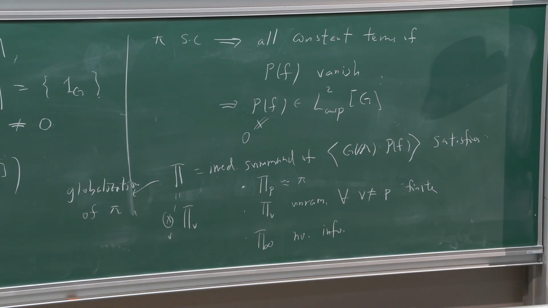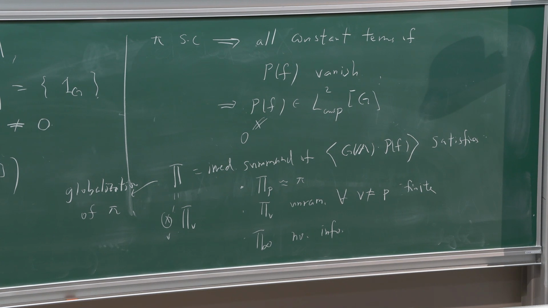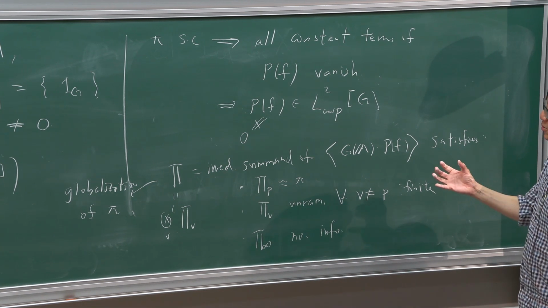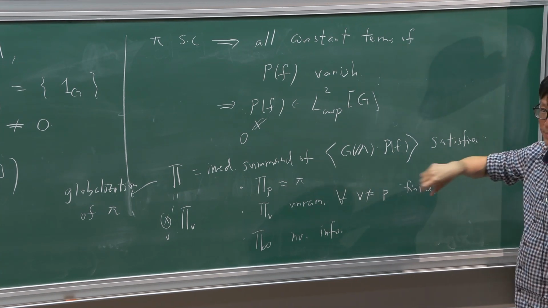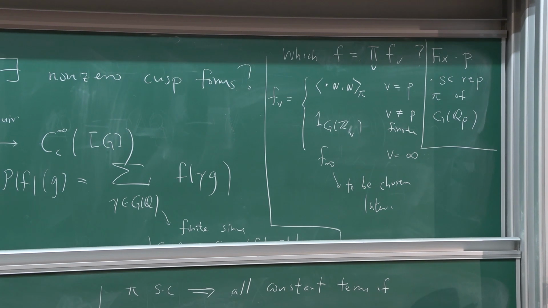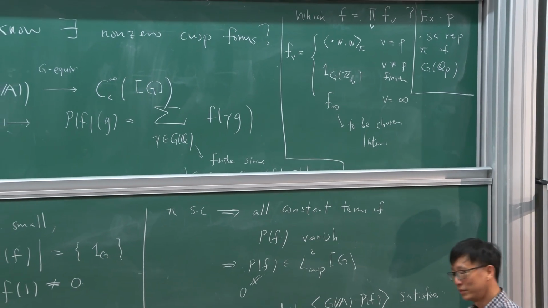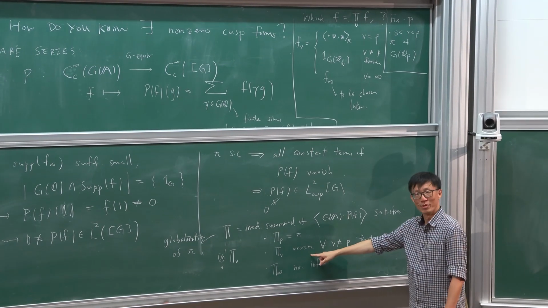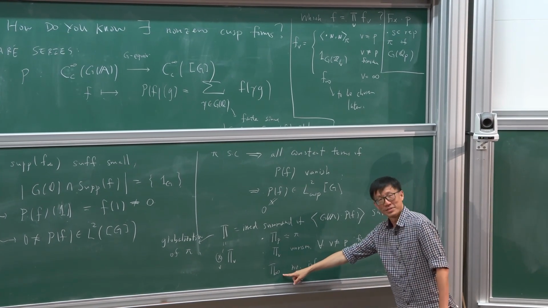This construction, even though very simple-minded, is useful because it allows you to globalize a given supercuspidal, to be a local component of a global cuspidal, moreover with very good control at almost all places. I mean, it's unramified, except at infinity.